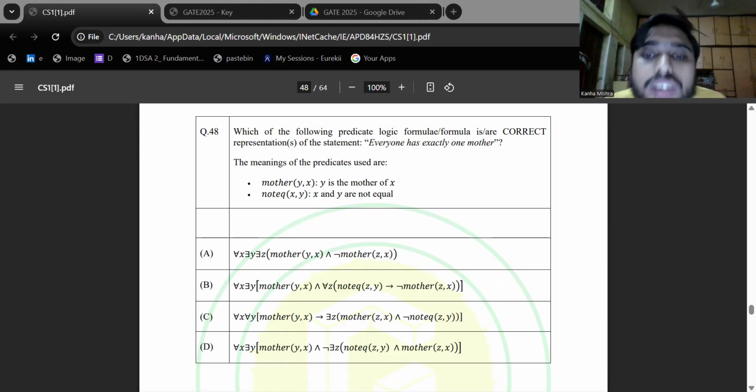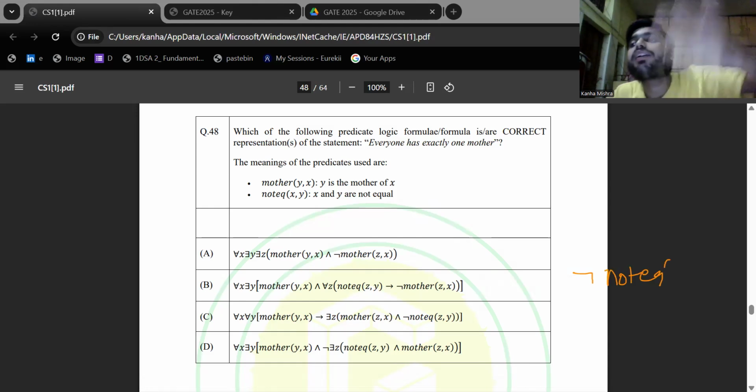Option C. For every X and every Y, if Y is a mother of X, then there exists a Z such that Z is mother of X and not_eq(Z, Y), where not_eq(Z, Y) means Z is not equal to Y. So if I write not and then not equal, it actually means equal.